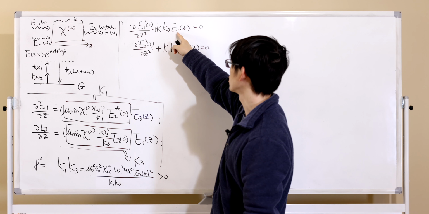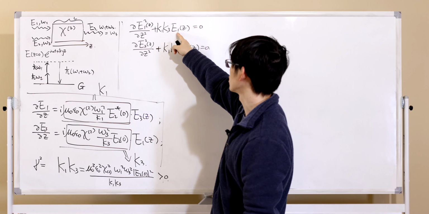That's how you solve the second order differential equation. So let's look at this term, E1, partial Ez at z equals 0. What is that?